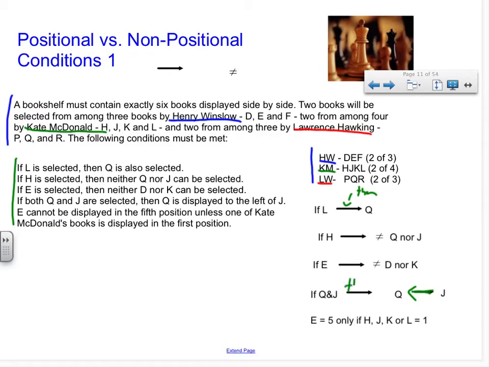And again, if you prefer to write then instead of the arrow, that can work too. Use whatever's more efficient for you to understand it. And the last condition, E equals 5 only if H, J, K, or L equals 1.